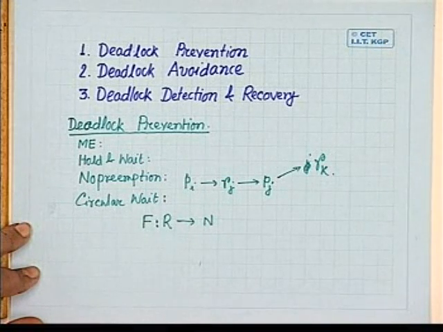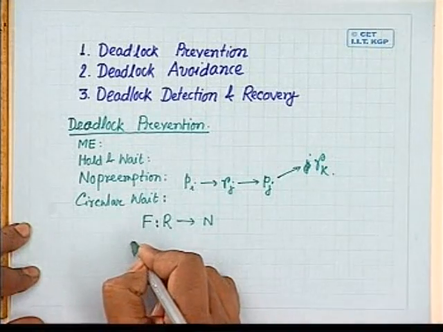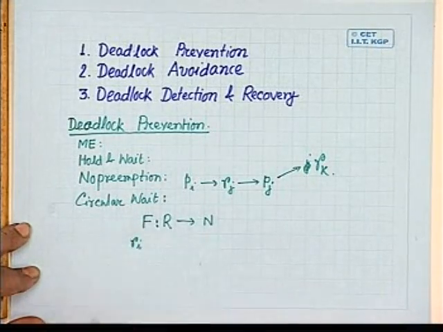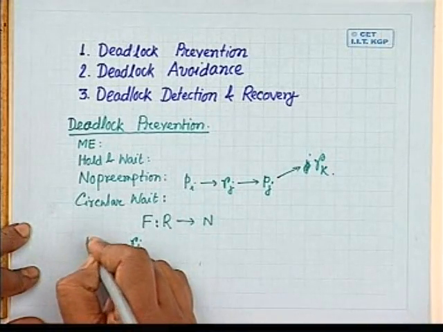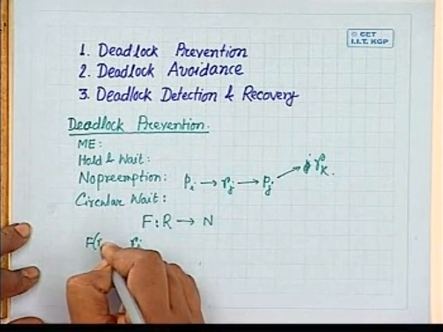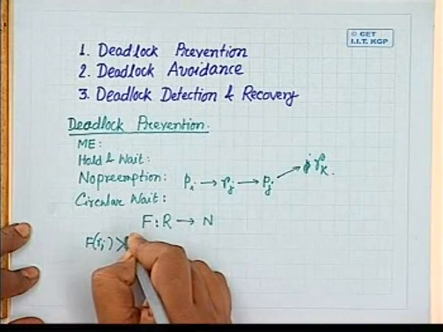Okay. Now we put a restriction that a process, while holding a resource type Ri, can put a request for another resource type Rj only when f of Rj is greater than f of Ri.